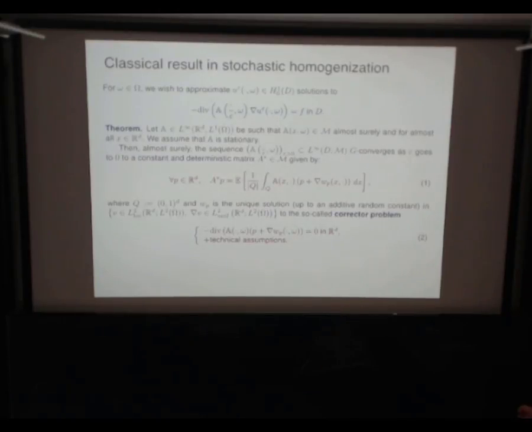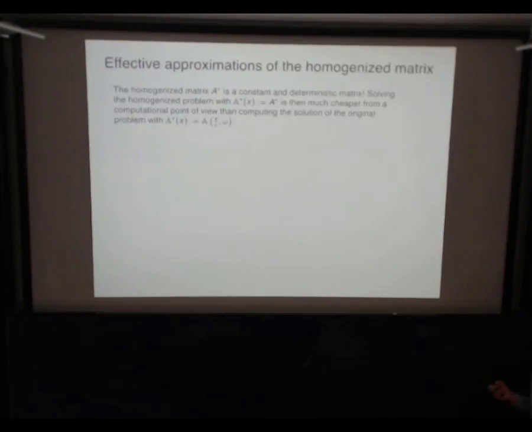Now the classical result is, while this is the case where we focus on the third case, where we have indeed a random variable, the constant matrix A star is determined by its action on any vector P in terms of this average here. Okay, where now this corrector can be characterized to be the solution of this PDE.